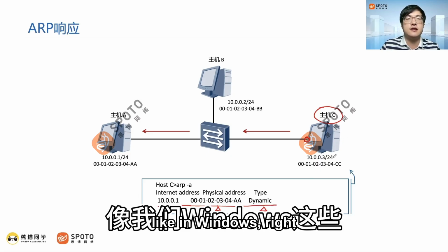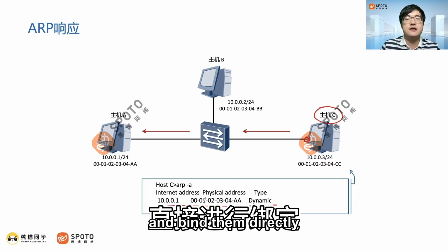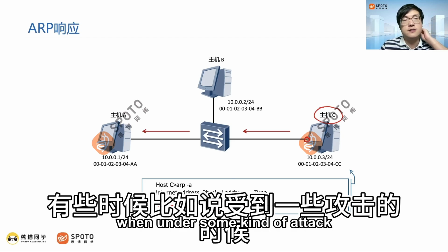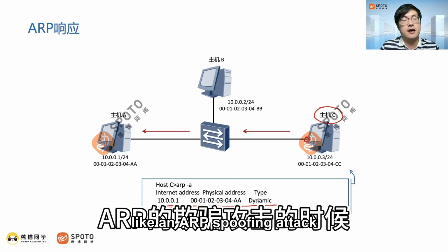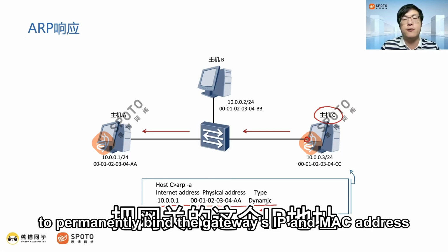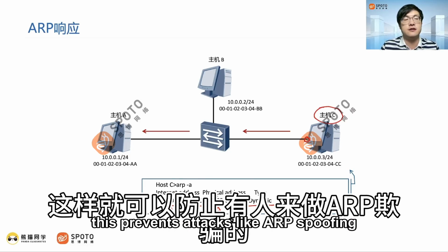Like in Windows, right? You can use commands to take a specific IP address and its MAC address and bind them directly. Sometimes, for example, when under some kind of attack, like ARP spoofing, we can use static binding to permanently bind the gateway's IP and MAC address. Right, this prevents attacks like ARP spoofing.